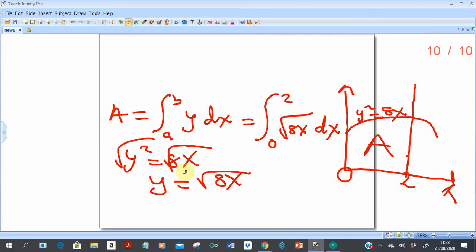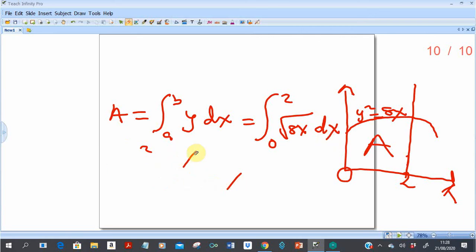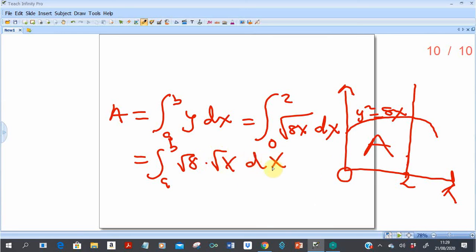Okay, now we can solve. So let's solve now. Root of 8. We can separate square root of 8 multiplied by square root of x dx. Square root of 8 is a constant, so we can take it out. So we have square root of 8 outside and root of x dx.